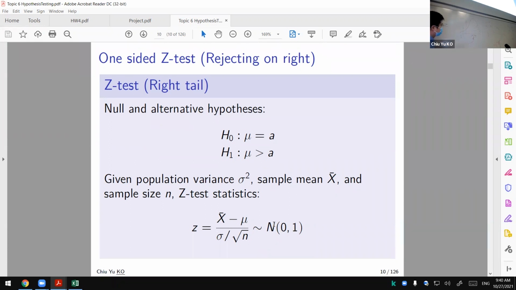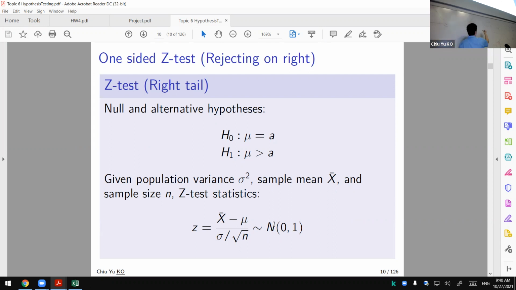Now in our example, we are doing a one tail test. We claim this is, say, 5 kg, and we would not be happy if this is too large.